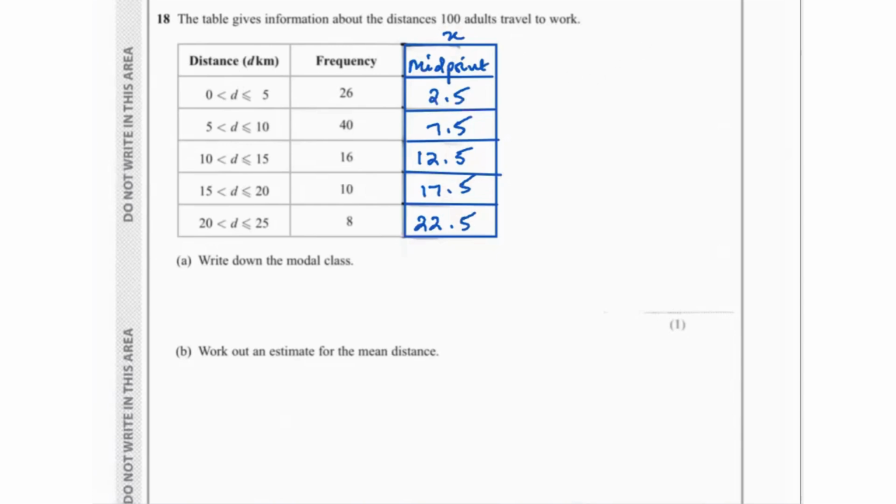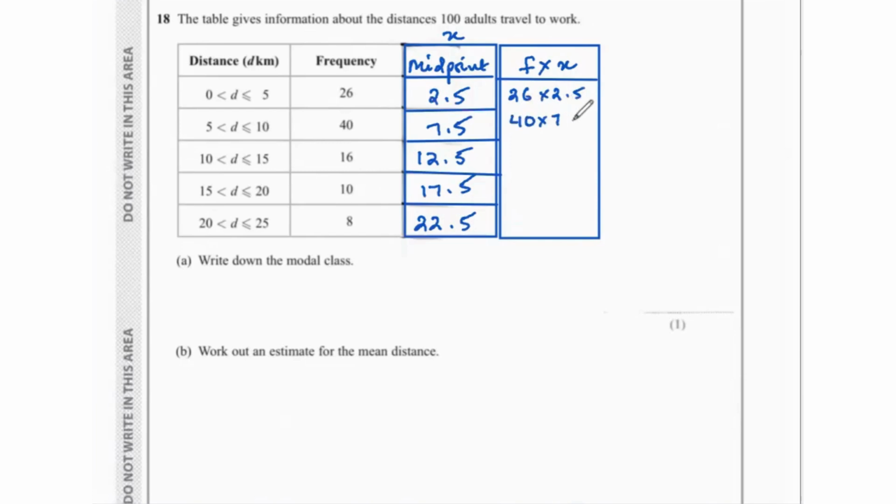Now we will multiply these midpoints with the frequency value, which will give us the f times x value. So frequency times x. So that's going to be 26 times 2.5, 40 times 7.5, 16 times 12.5, 10 times 17.5, and 8 times 22.5.